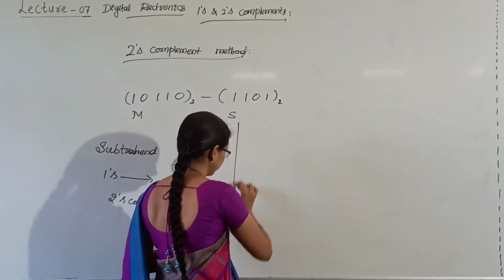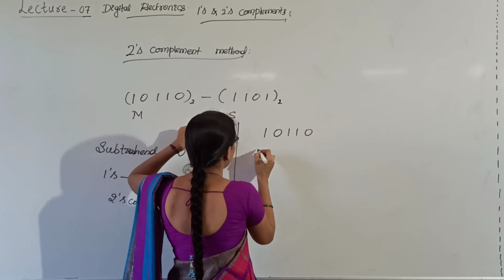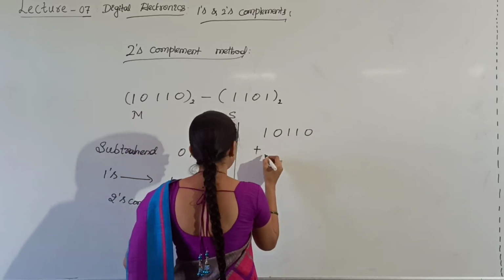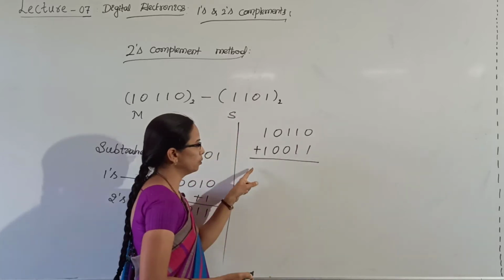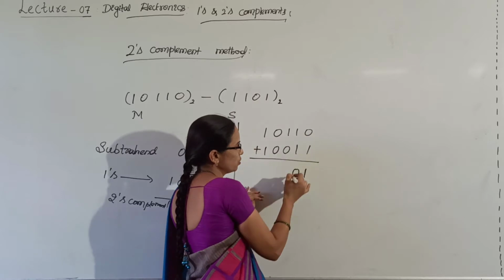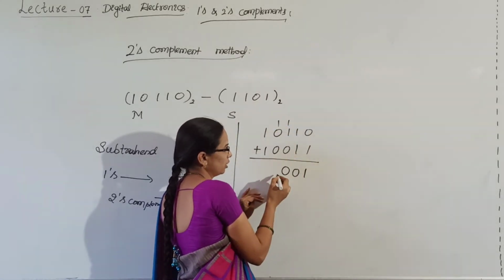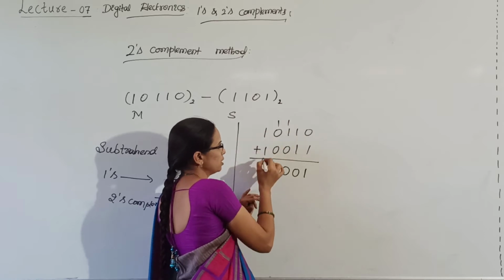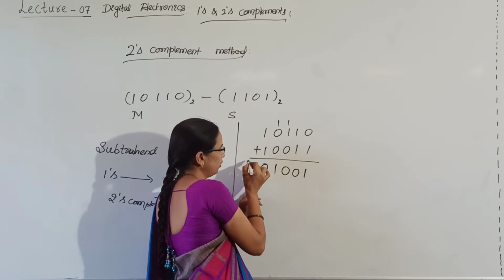Now our minuend is 10110 plus, I will write 10011, which is the 2's complement of the subtrahend. That is 1 plus 1 is 0, carry 1; 1 plus 1 is 0, carry 1; 1 plus 1 is 0 and carry 1.